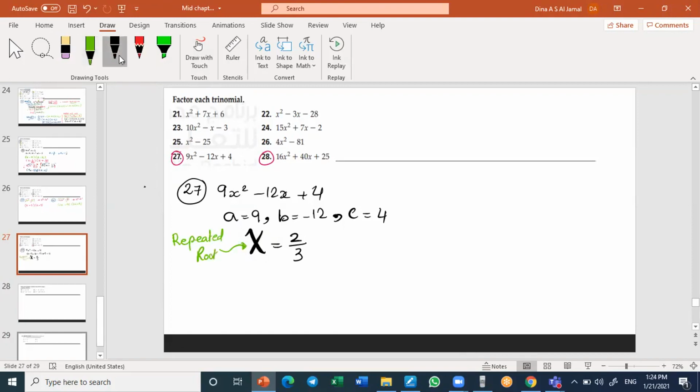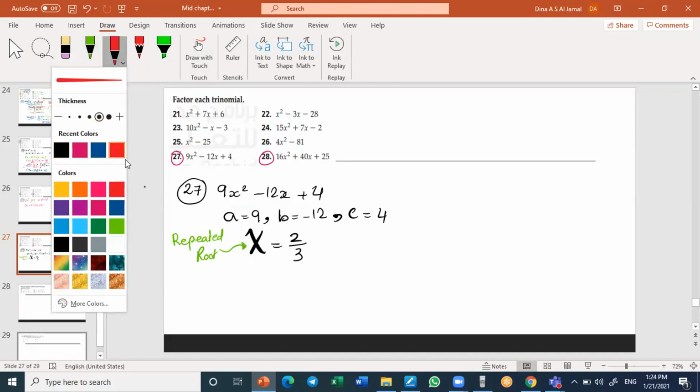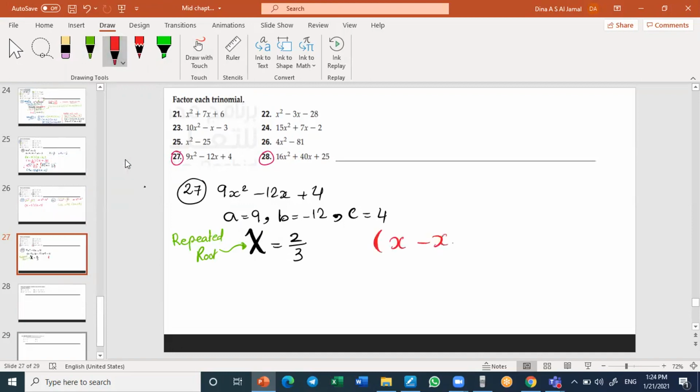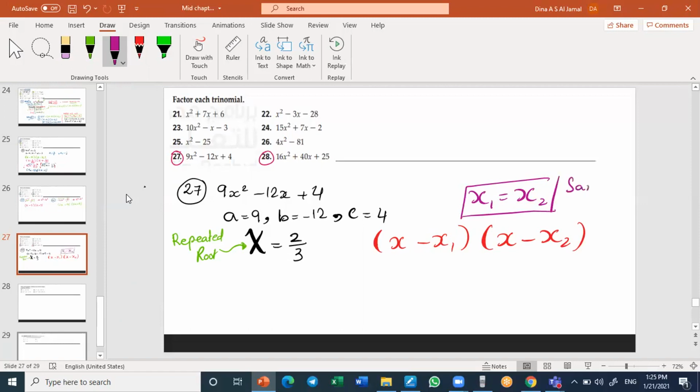Previously we used to write x minus x1, x minus x2. Now your x1 and x2 are equal. They are the same value. That means you can just combine them in one square: x minus x1 all squared.